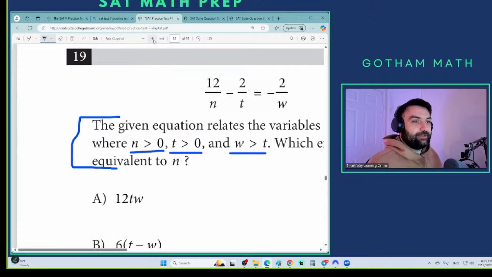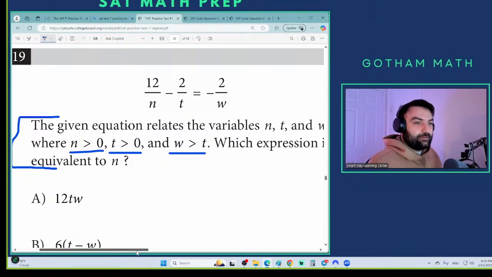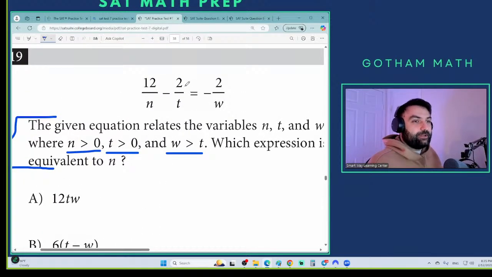I already have some ideas on how to do it. Instinctively, when I'm solving for a variable, I want to get rid of this. I know this may not be the fastest or the best way, but it's just an instinct of solving SAT questions.